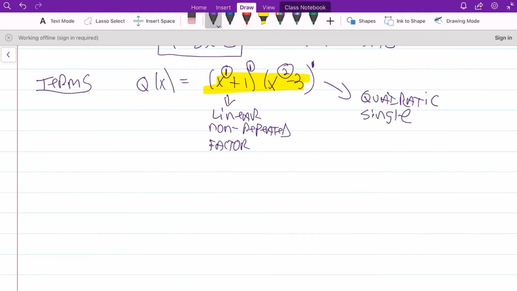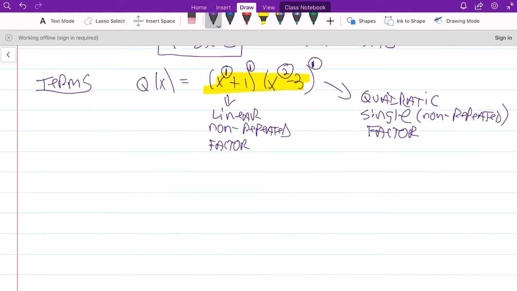So this is a single quadratic factor, right? Or non-repeated. We can use those terms interchangeably. All right. So what's inside is going to tell us whether it's linear, quadratic, cubic, and on the outside it's going to tell us whether it's repeated or non-repeated.